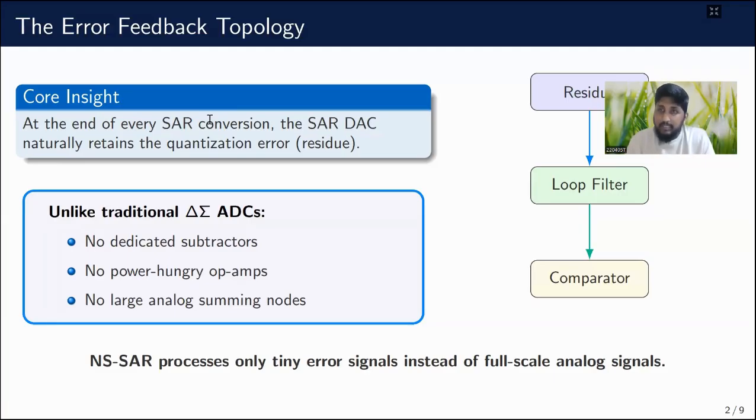These increase complexity and power consumption. However, in noise shaping SAR ADCs, we directly reuse the natural residue already available in the DAC. So the system only processes tiny error signals instead of the full-scale analog input. This is the main reason why NSR achieves excellent efficiency with simple analog circuitry.